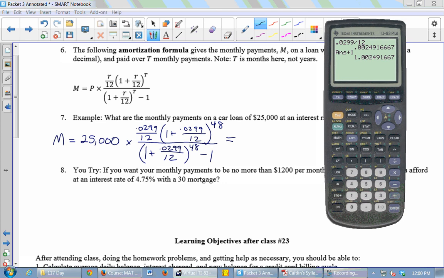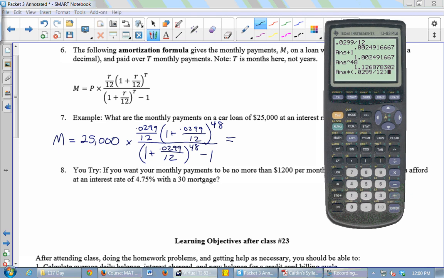Right, now I have this parentheses simplified. The exponent, yeah. Following the order of operations, the next thing would be my exponent to the 48th. Then I would multiply by this 0.0299 over 12. And I should have done the division first because you do division and multiplication left to right, right?